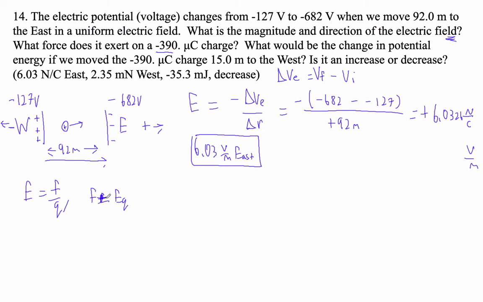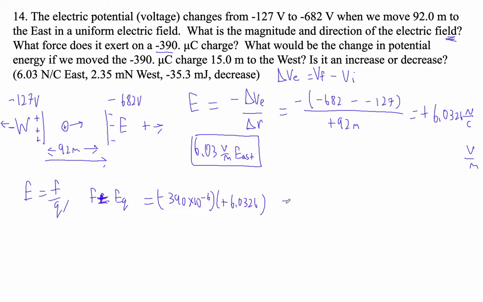That's equal to negative 390 times 10 to the minus 6th, times positive 6.0326. Let's do it. Times negative 390 E minus 6.